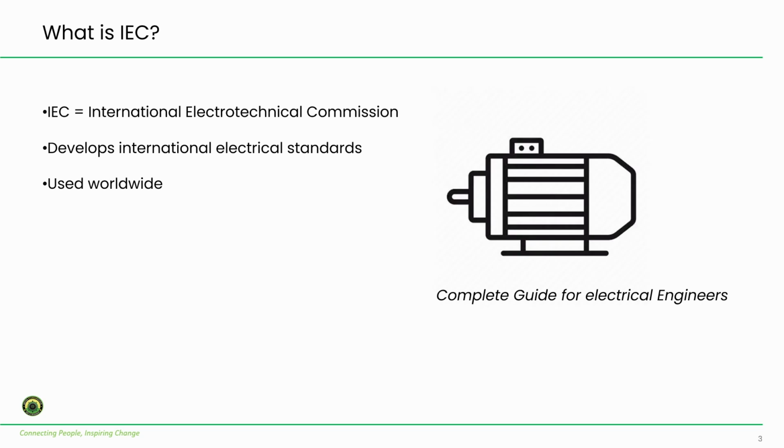All the labs should be able to test the machines as per the requirement given in the standards, and this helps to make similar kinds of equipment having similar performance requirements and safety requirements. One of the most important IEC standards for electrical motors is IEC 60034. So we can say that these IEC standards are really a complete guide for electrical engineers.